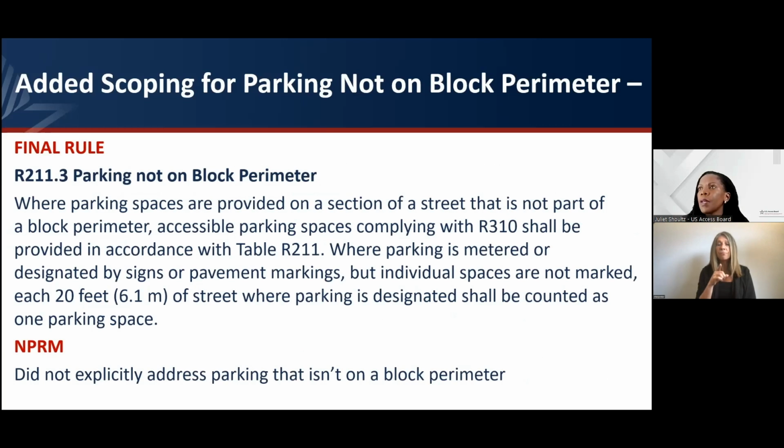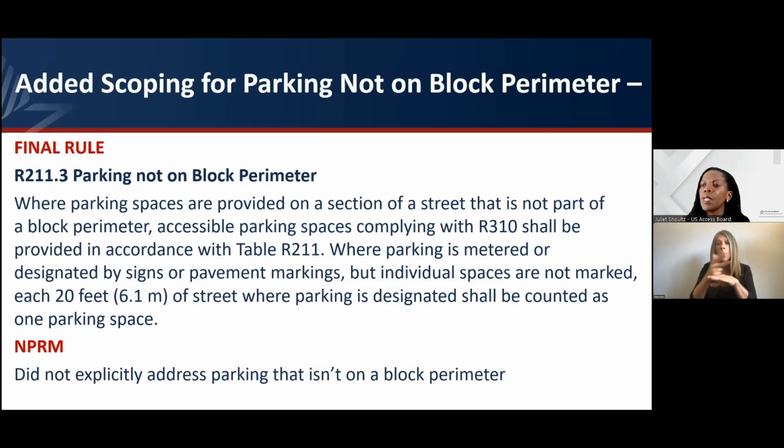In terms of parking that's not on a block perimeter, in the NPRM, we didn't explicitly address parking that's not on a block perimeter. So what we did in the final rule is specify at R211.3 a provision for parking not on a block perimeter, which states where parking spaces are provided on a section of a street that is not part of a block perimeter, accessible parking spaces complying with R310 must be provided in accordance with Table R211.